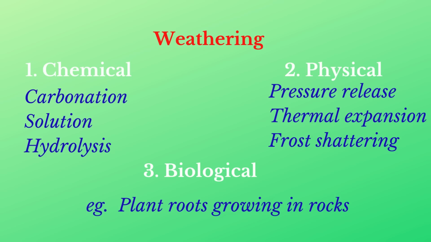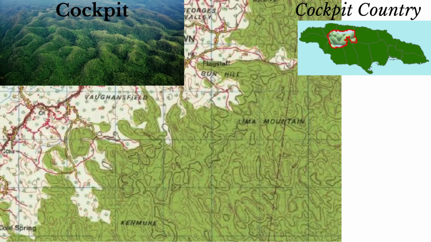It simply breaks up the rock into smaller pieces. Biological weathering can be both physical as well as chemical. But what puts it in a different category is that it is the result of plant and animal activity. For example, plant roots growing in rocks, which cause the rocks to break up.